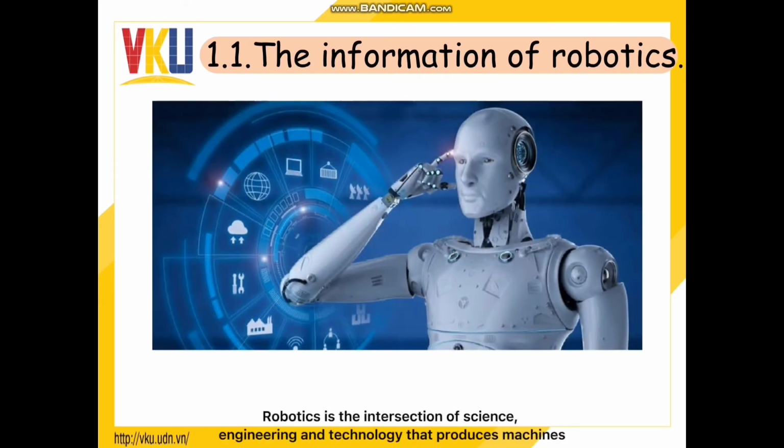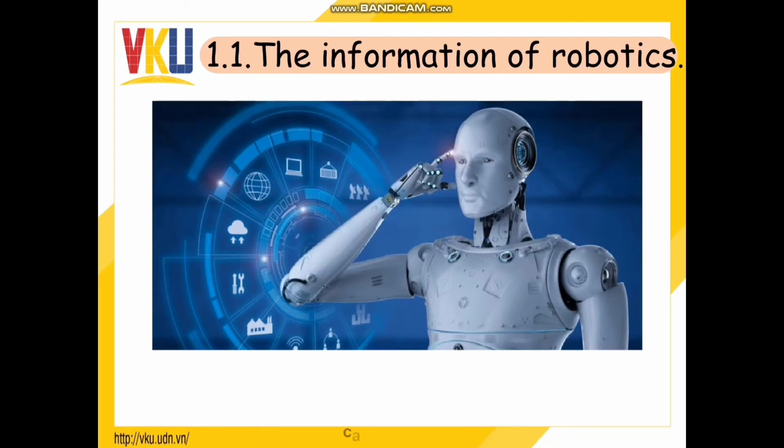Robotics is the intersection of science, engineering, and technology that produces machines called robots that perform or replicate human actions. It's been used to replace people in hazardous environments or in manufacturing processes, or to mimic people in appearance, behavior, or perception.